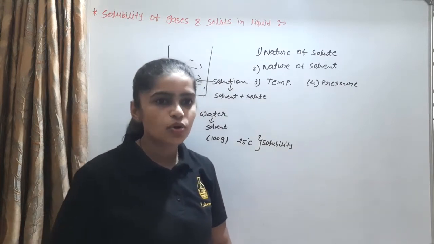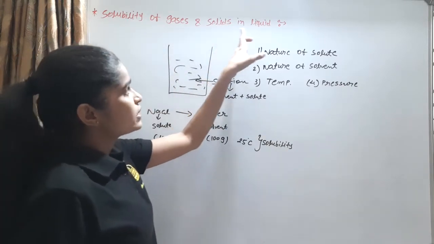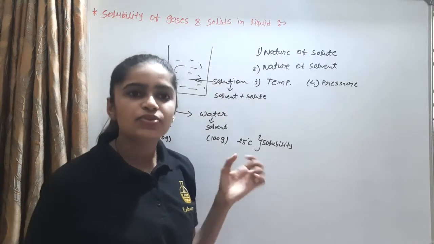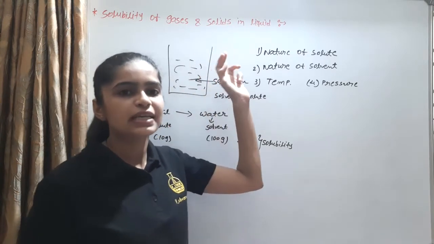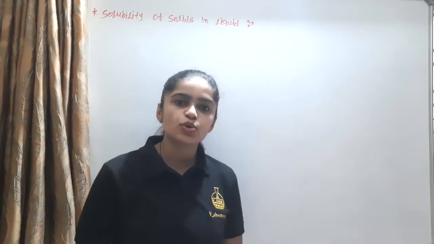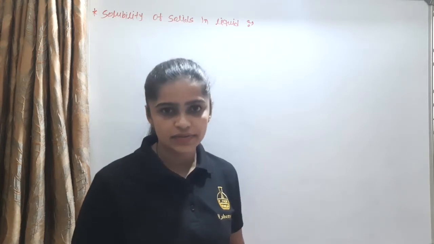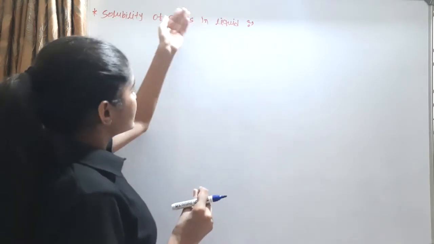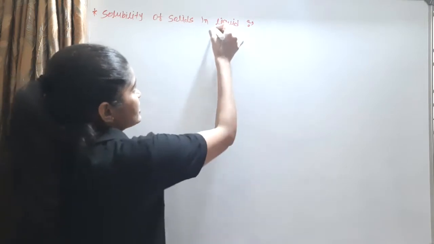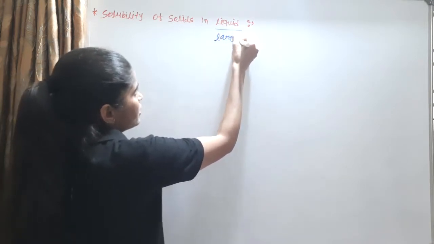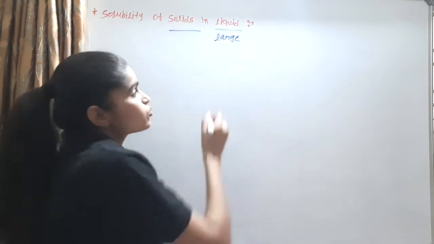First, we discuss the solubility of solids in a liquid, and next we discuss the solubility of gases in a liquid. In the solubility of solids in a liquid, the liquid is the larger quantity and the solid is the smaller quantity. In a solution there are two quantities, a larger quantity and a smaller quantity.